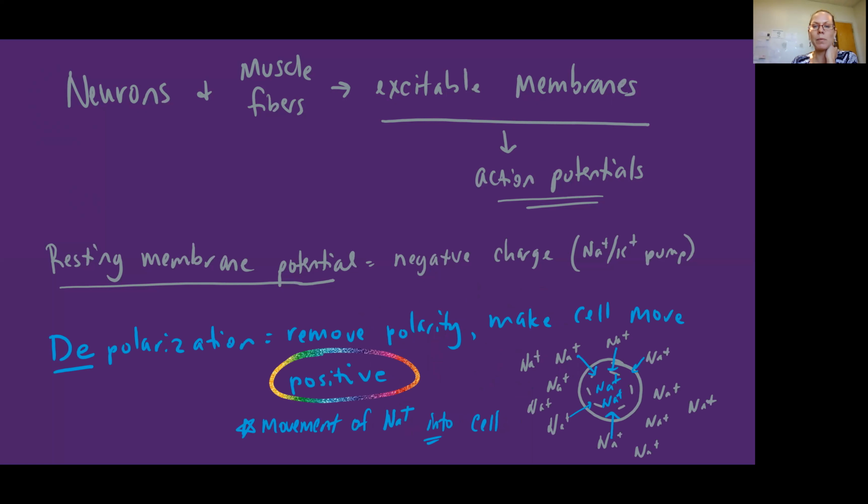So what we're going to see happening in the case of depolarization, we're going to let that sodium from the outside move in, no longer causing a difference across the membrane. If positive charge moves into the cell, the inside of the cell is becoming positive. So depolarization is talking about the cell becoming more positive. And this can happen until you get an equal amount of charge on each side of that membrane.